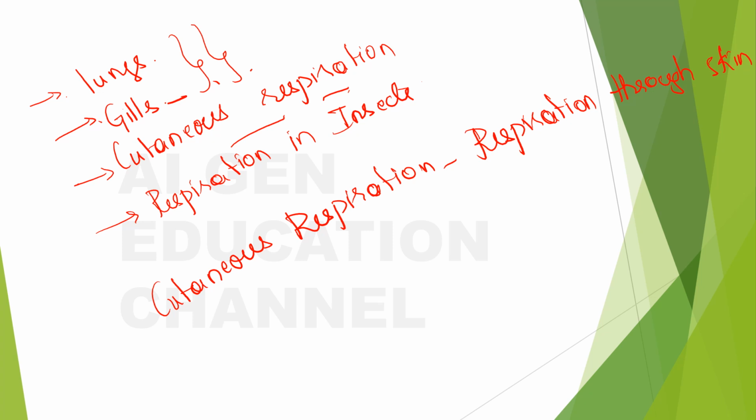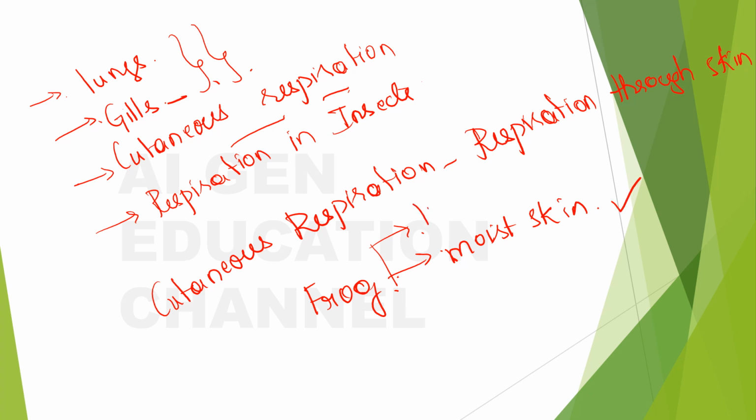Yes, I am able to hear some saying that it's frog. So what happens in the frog? While it is in water, it uses its moist skin for the exchange of gases. It means for the process of respiration, it will use moist skin whenever it is in water.